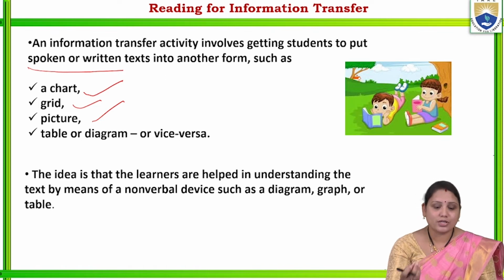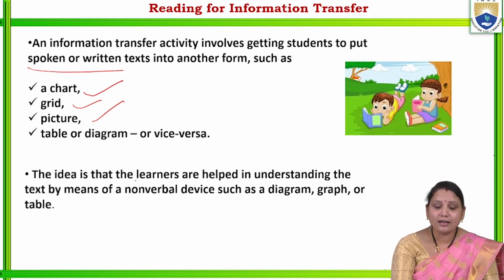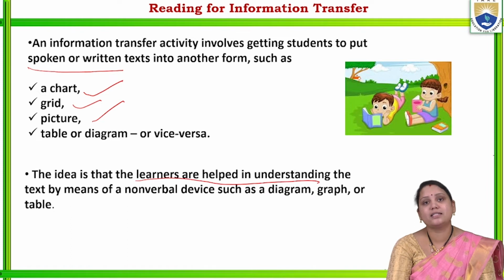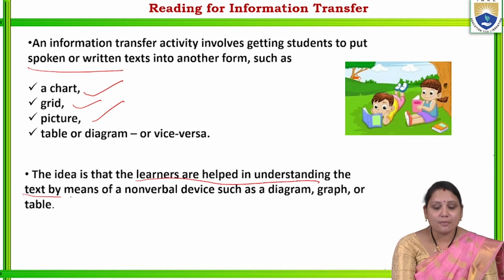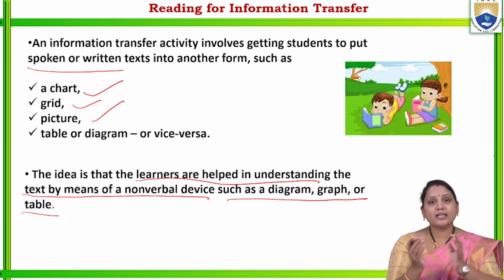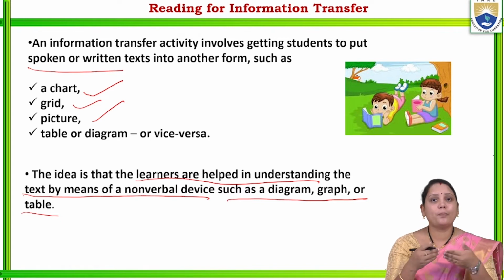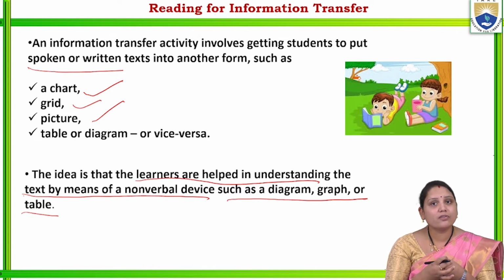Now, what is the idea behind information transfer? It is that learners are helped in understanding the text by means of non-verbal devices such as a diagram, graph or table. For example, if any student is given a text of 1 or 2 pages, will he be interested in reading?